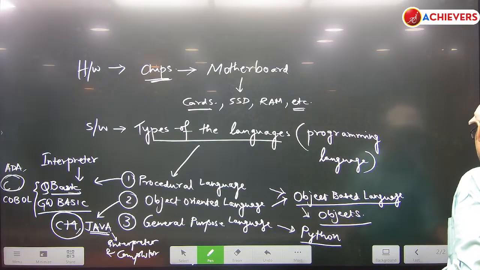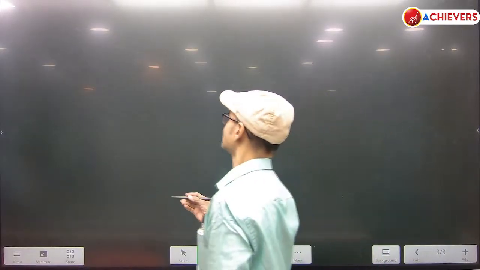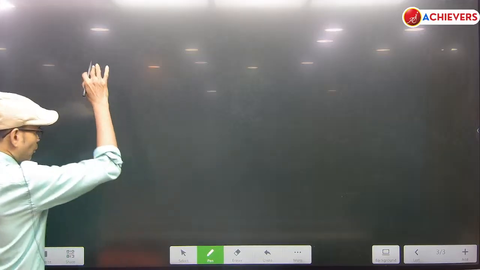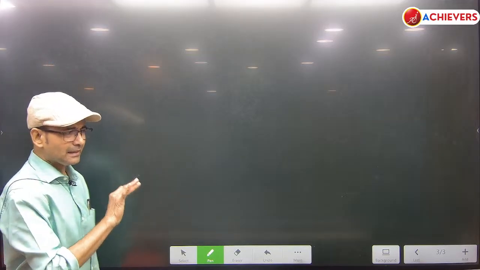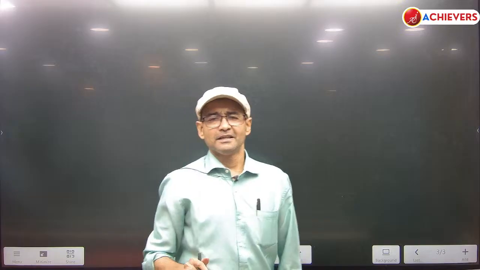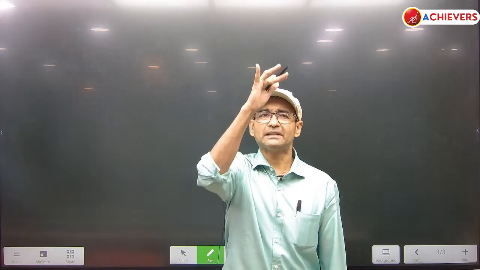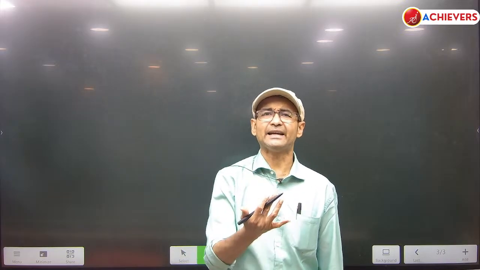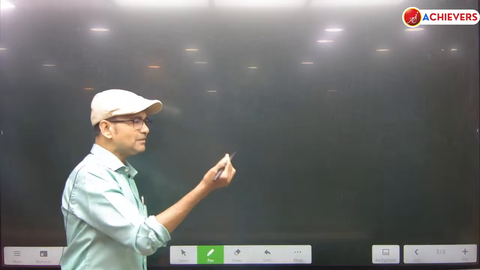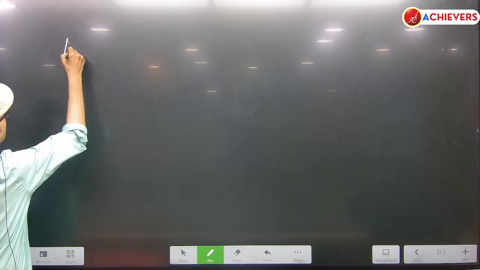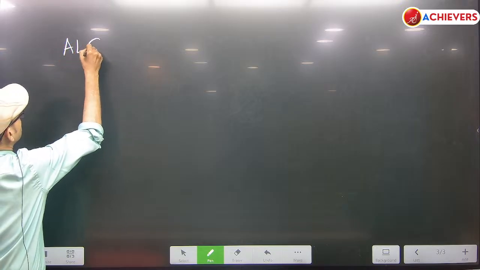So we move to the next page. Now, whatever the language, the concept of programming, the flow of the program, can be defined by different steps which are known as steps of algorithm.